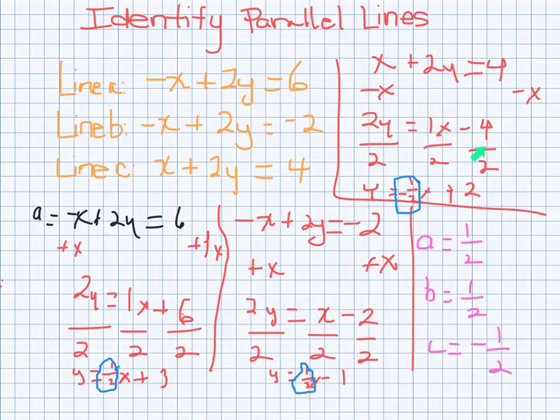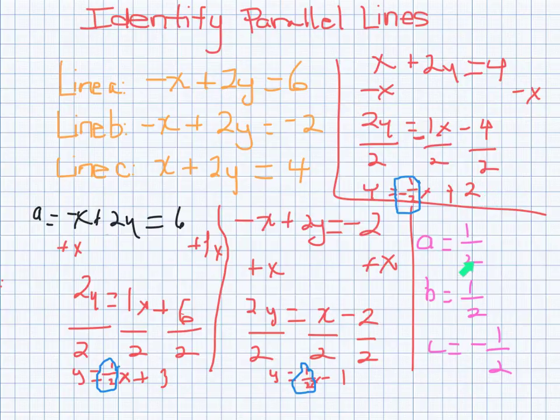I'm going to divide that by 2. And I'm left with, and this should have a negative up there. I noticed that right here. It's missing a negative sign right there. My answer then is y equals negative 1/2 x plus 2.